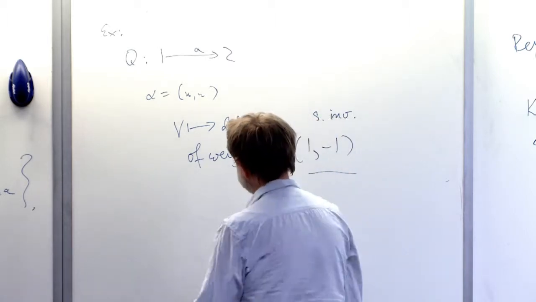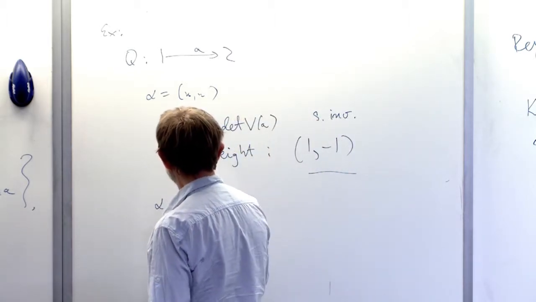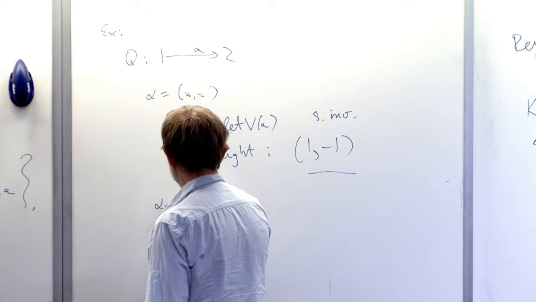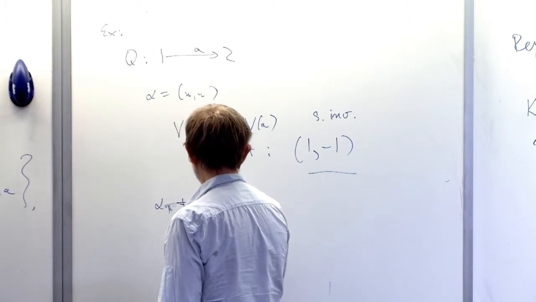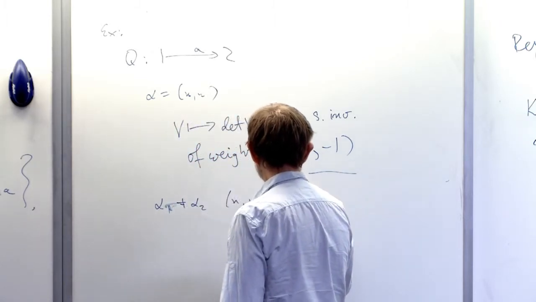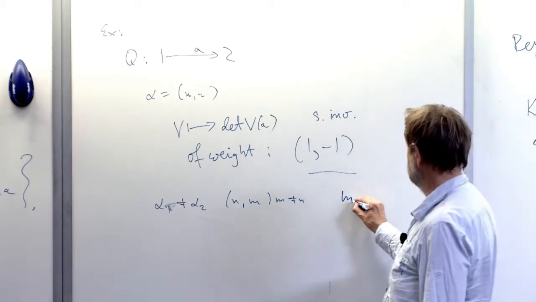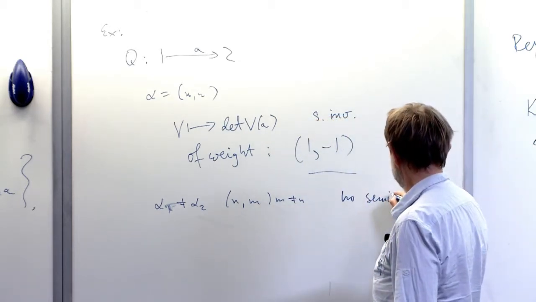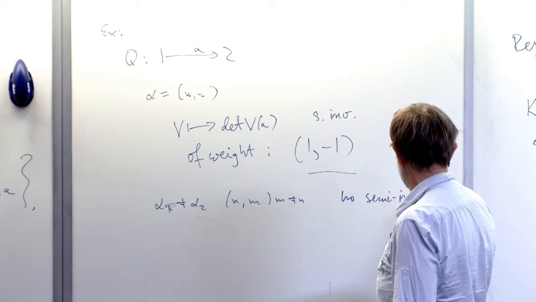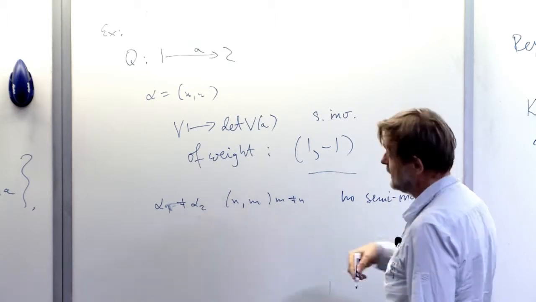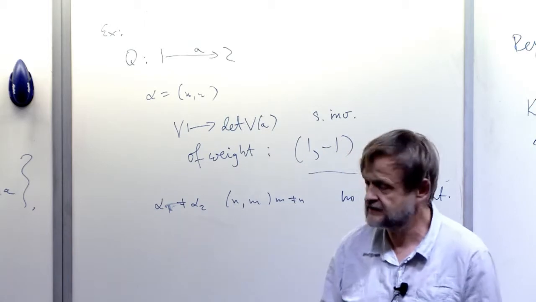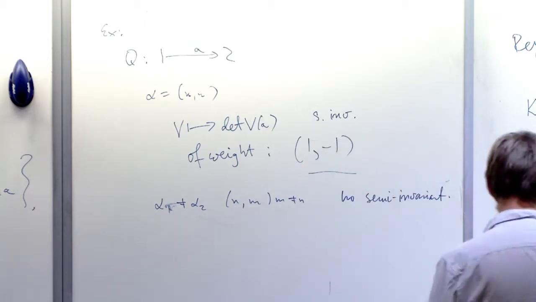Anyway, notice that if alpha 1 is different from alpha 2, so I have some (n, m) where m is different from n, then there will be no non-trivial semi-invariants. That's very easy to prove. So you see, depending on the dimension vector, you can have more or fewer of those semi-invariants.